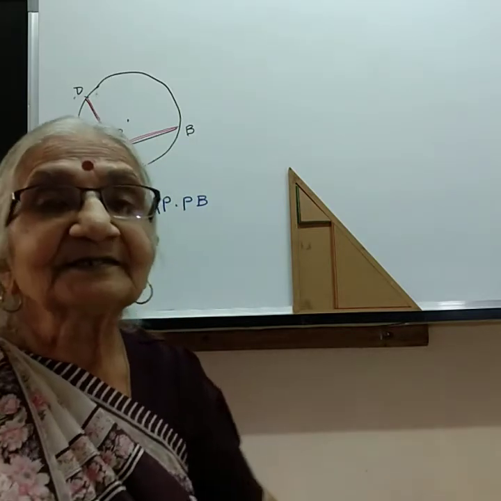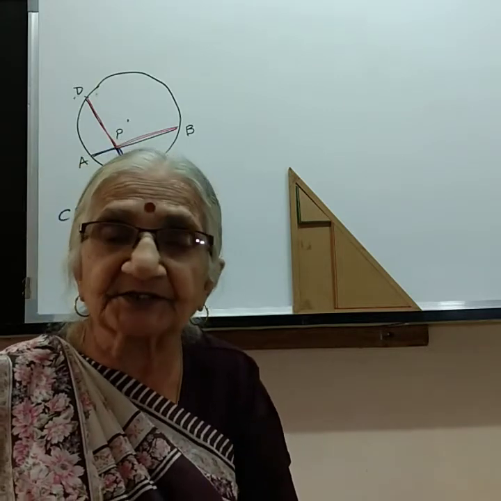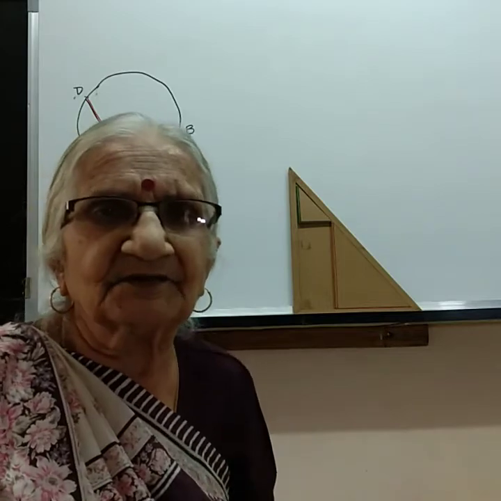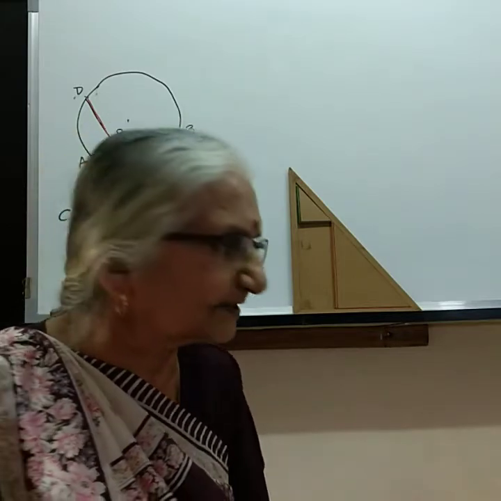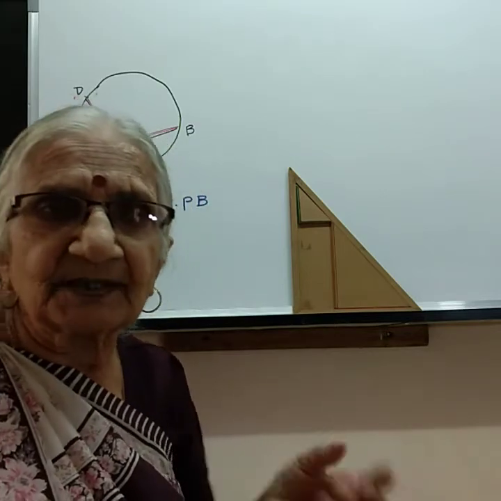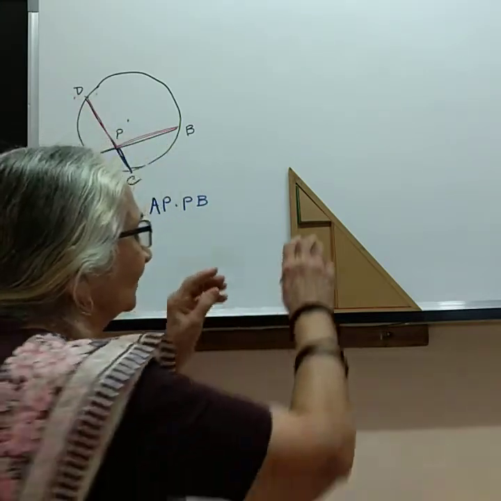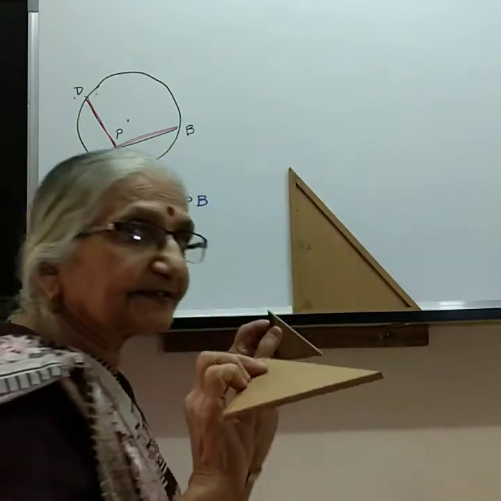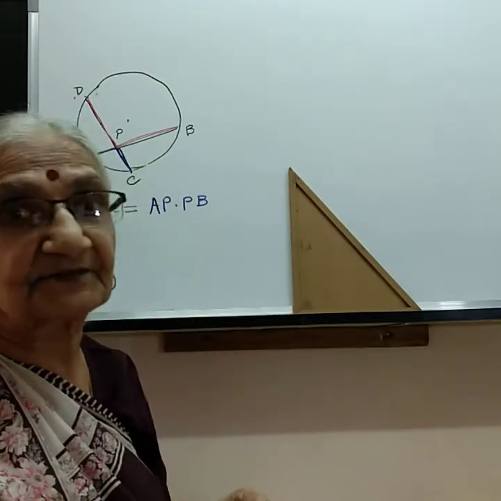Now, the next thing is how to make it. In some other models we have not bothered much where we have to make only rectangles or squares or things like that. Here also we have to make only triangles, but of specific size, so we talk about it a little bit. We have already seen how to make these two triangles. That is the first step.